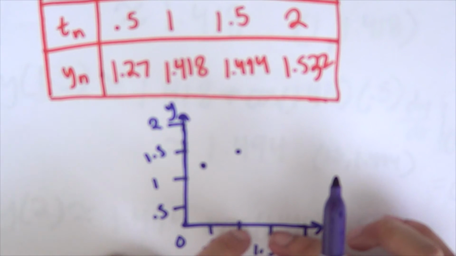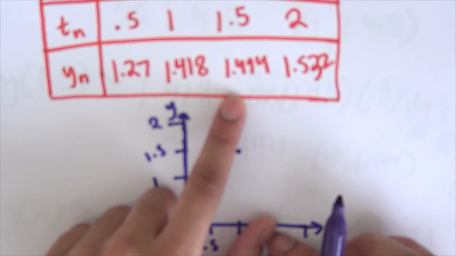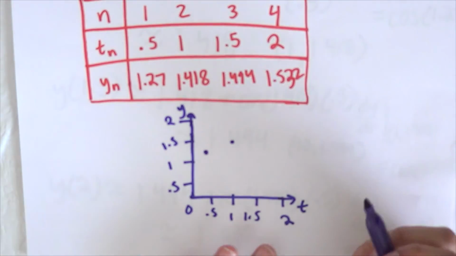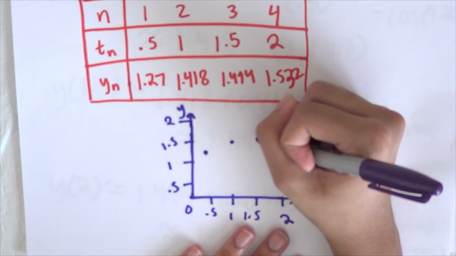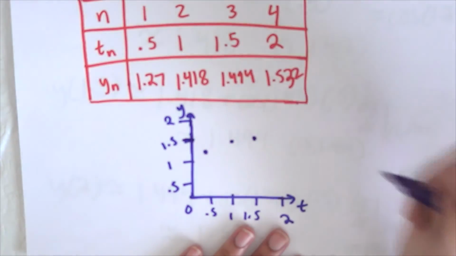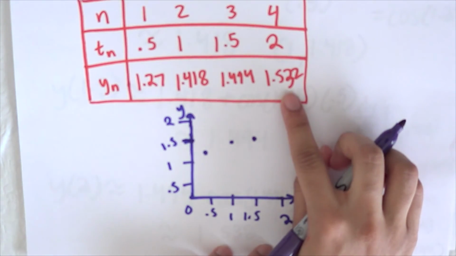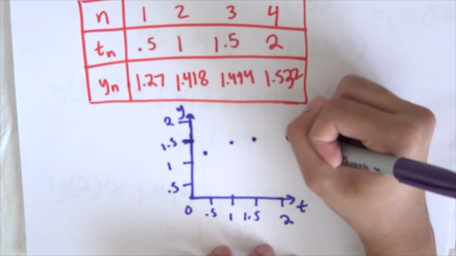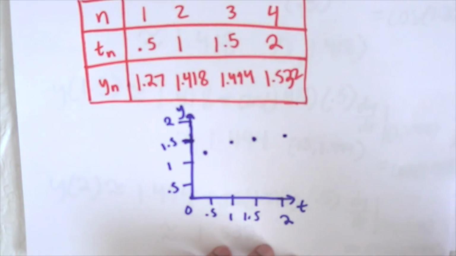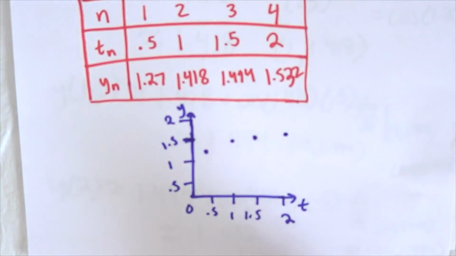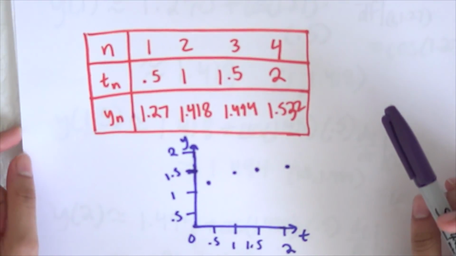And for 1.5, our y value is 1.494, that'll go just right above the other one, beneath the 1.5 though, and for 2, our y value is 1.532, so I'll just go just slightly above this in that general area. It doesn't have to be perfect, but this is just the general picture of the graph that you will have when you're writing out your solutions.